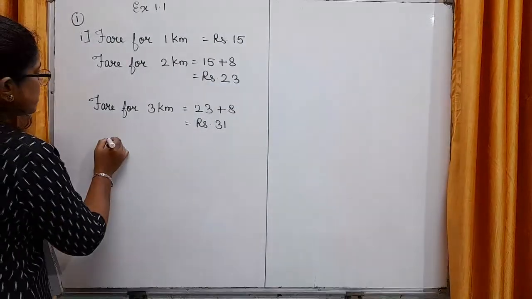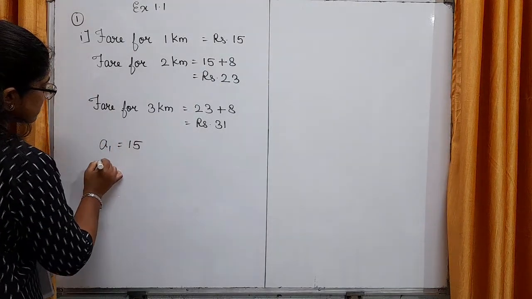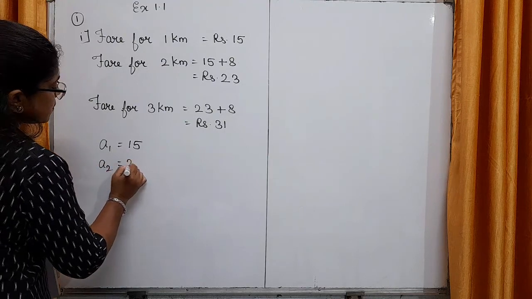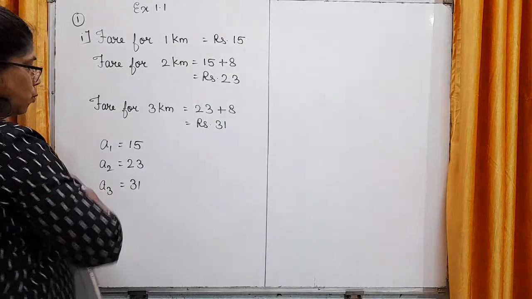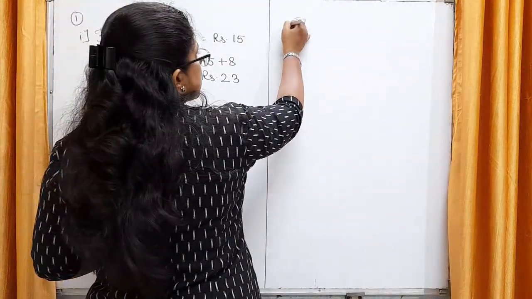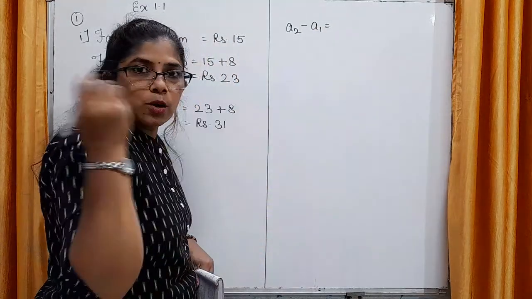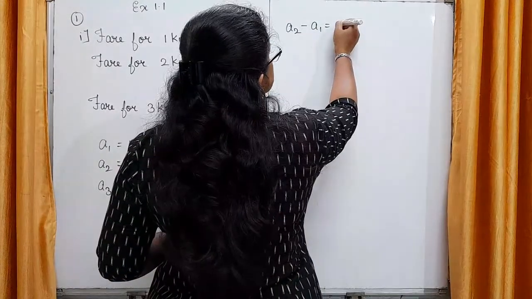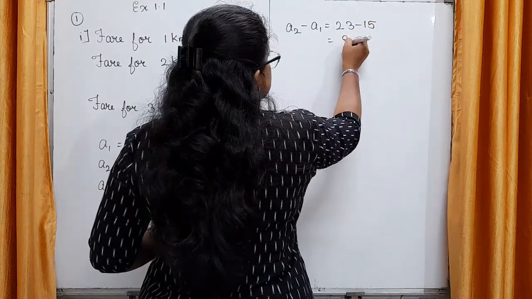Now here our first term, or we can say A1, is 15. Second term is 23, and third term is 31. A2 minus A1 gives us the common difference. 23 minus 15 is 8.